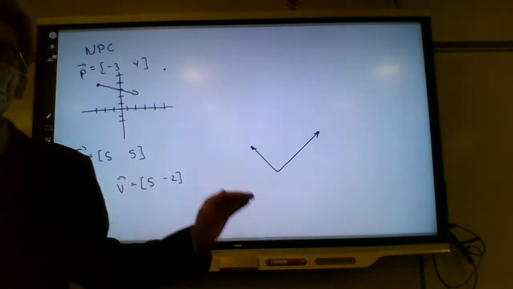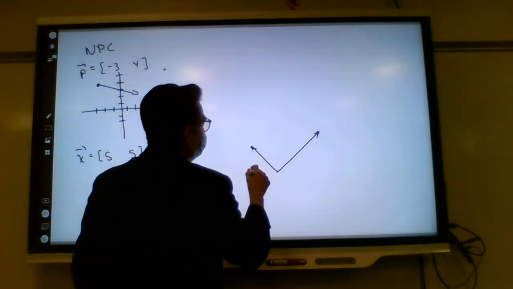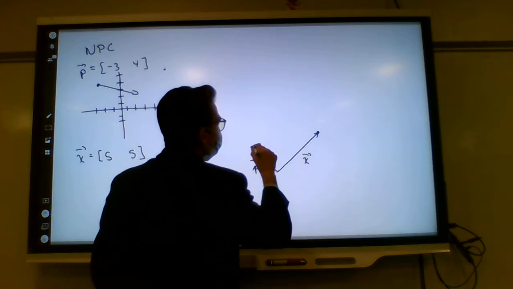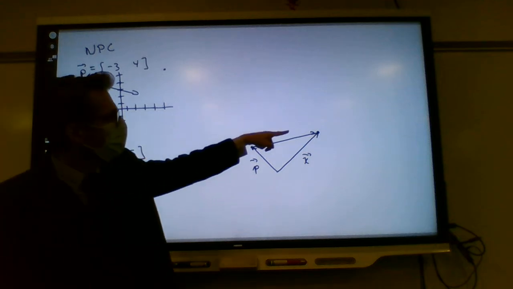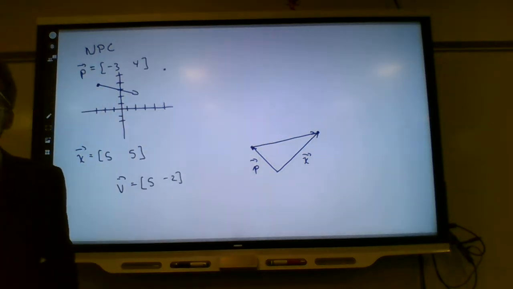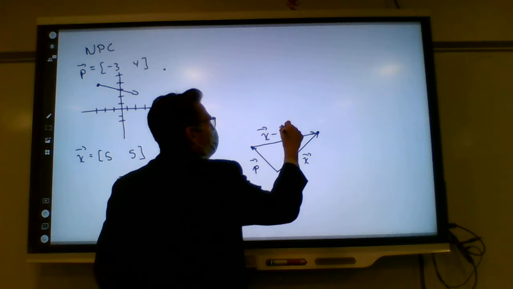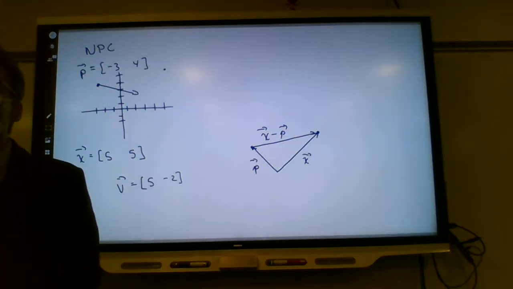This is the point. This is the vector p. This is the vector x. What is that vector right there? X minus p. All right, the head is facing the head of x, so it's x minus p.